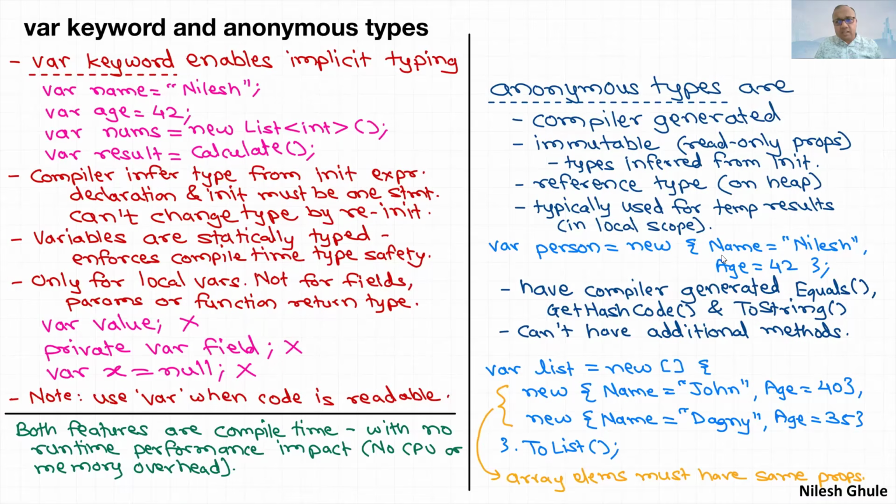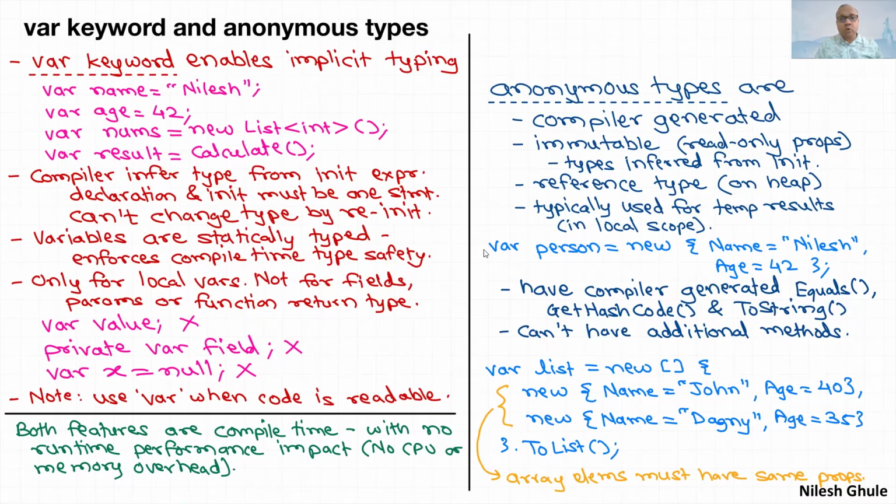In this particular case, these are auto implemented properties, a name property and an age property. And a new data type is created by the compiler. Of course, that data type doesn't have any name, and that is the reason you cannot declare a variable to which we can give the type directly. But yes, this is where we can use the var keyword effectively.